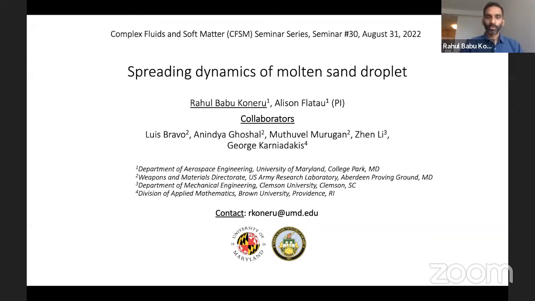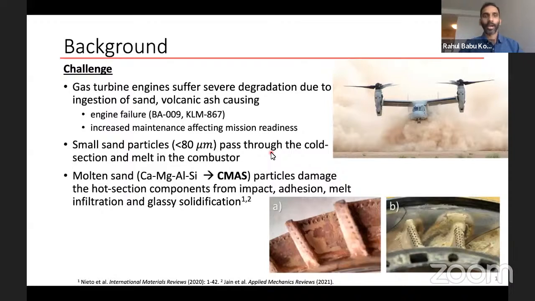To give you a quick background on why we are interested in this: aircraft in general, especially rotorcrafts, which operate in highly dusty environments like the one you see in the picture on the right here, suffer severe degradation due to the particulate matter that gets ingested into the gas turbine engines.